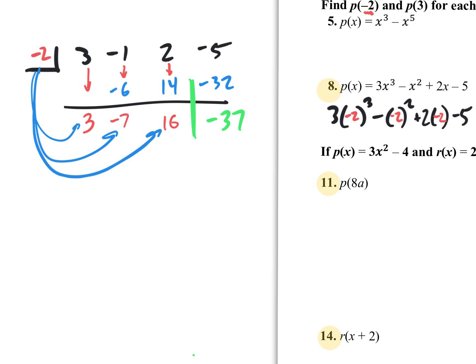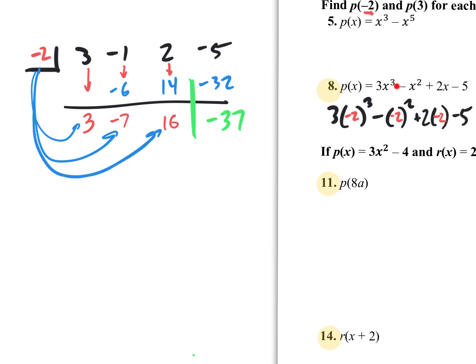And it's funny that I just mentioned inputs and outputs, because what are inputs and outputs? Inputs and outputs are actual coordinates, right? Inputs and outputs are x and y values on a coordinate plane. So believe it or not, if I wanted to, I could take this equation, P of x being 3x to the third minus x squared plus 2x minus 5.